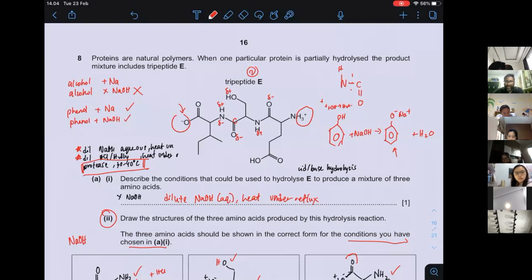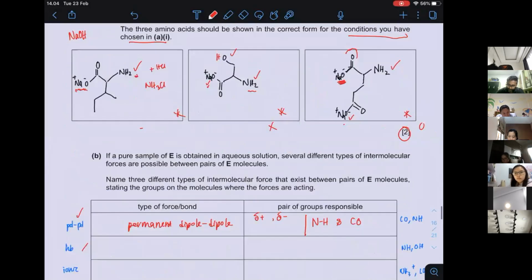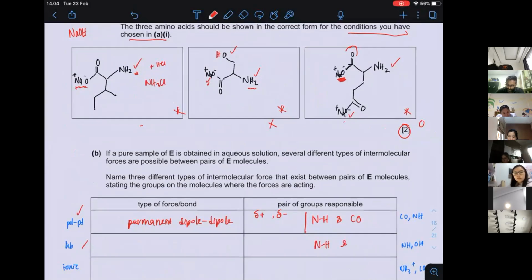You can write down NH and OH. This is delta negative, this is delta positive. So that is going to be hydrogen bonding.